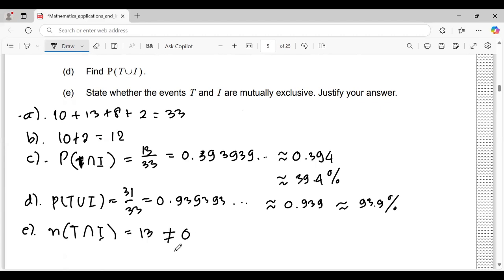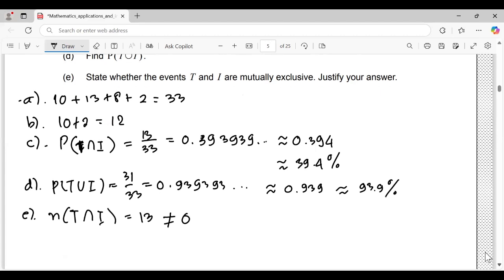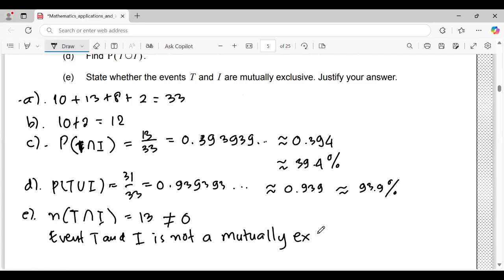So the intersection is not zero. It means the conclusion is that T and I are not mutually exclusive. I think this is clear.